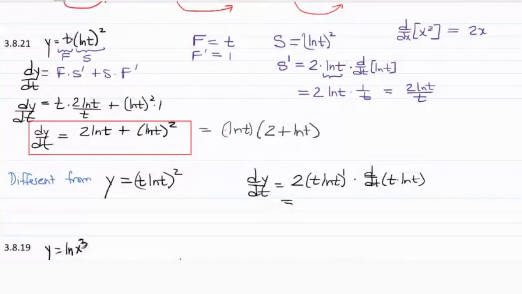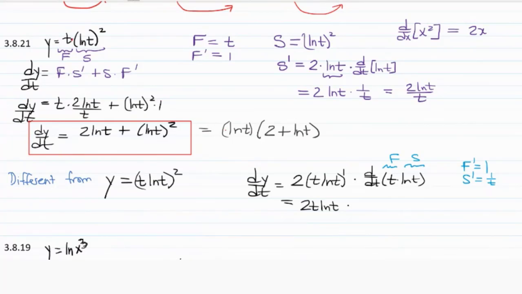So you would have 2t natural log of t times, we would have the first function and the second. Derivative of the first would be 1. Derivative of the second, derivative of natural log of t is 1 over t.